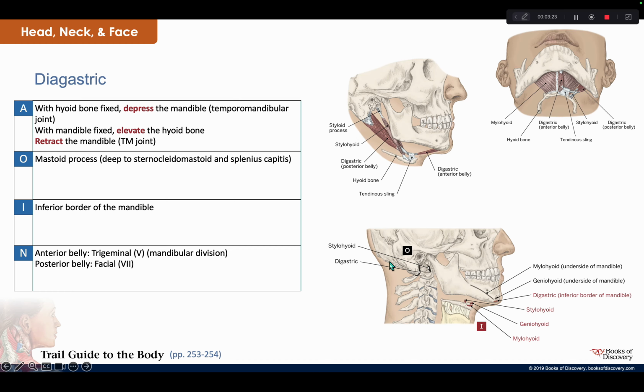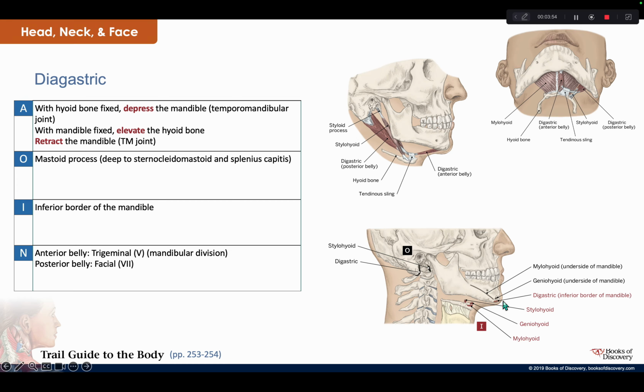It originates on the mastoid process right here, deep to the sternocleidomastoid and splenius capitis muscles. So it is deeper to those, connects on there, runs along this direction here, and then it inserts, over here, onto the inferior border of the actual mandible.